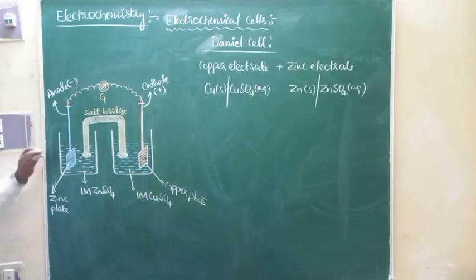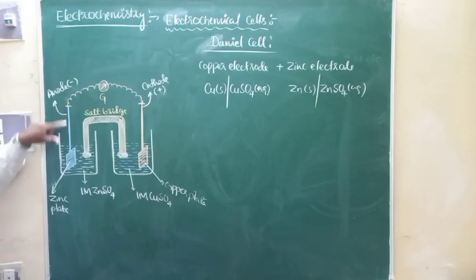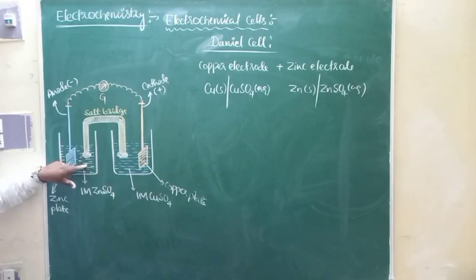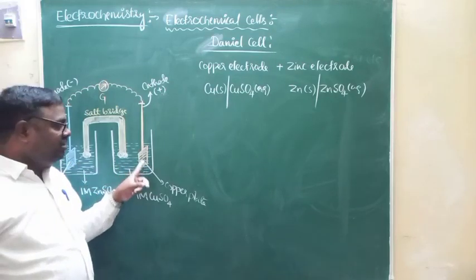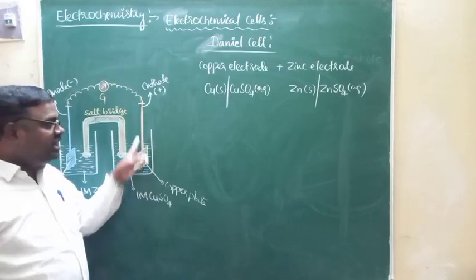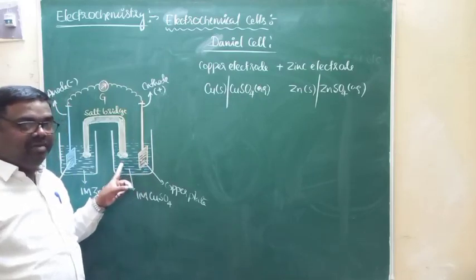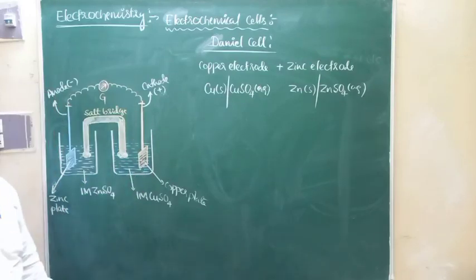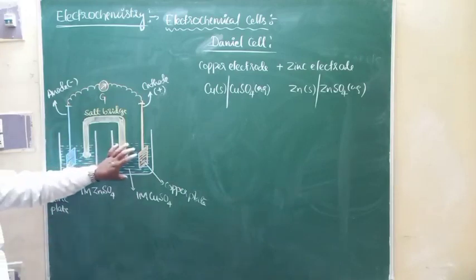Zinc atoms are present in the zinc plate, and zinc ions are present in zinc sulfate. There is a contact between zinc atoms and zinc ions in the zinc electrode. Here there is a contact between copper atoms present in copper metal and copper ions present in copper sulfate. So this is the zinc electrode and the copper electrode.